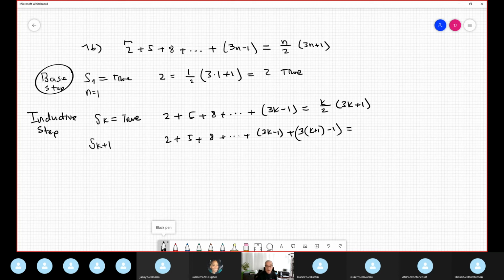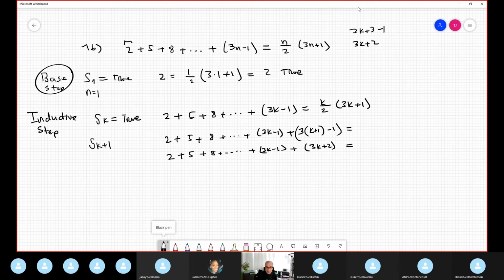So I focus on that part: this is 3k plus 3 minus 1, actually 3k plus 2. So I copy again 2 plus 5, either way, guys. This is 3k minus 1 plus, now, 3k plus 2.